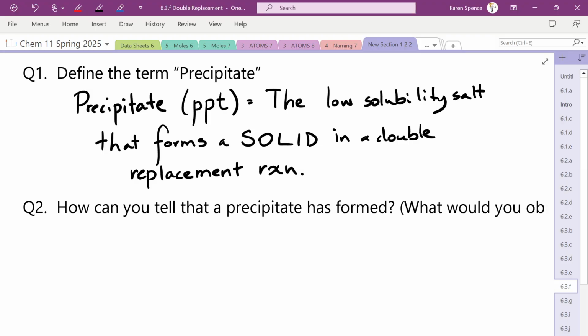How did we know that a precipitate formed when I put those two reactants together? What did we see? What happened to this visually? The liquid started out clear. And what happened after the reaction?